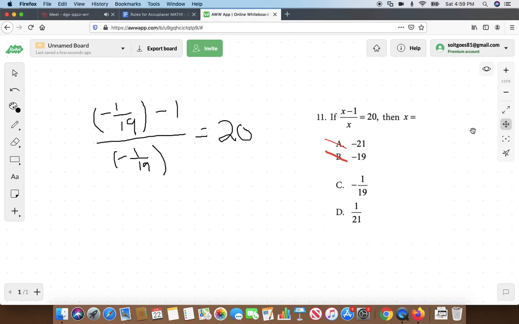Why negative? I don't know, because I'm looking at this fraction. Because there's a lot of negatives, right? Yeah. Let's do this. Is the numerator going to be positive or negative? Negative. It's going to be negative, right? The numerator is going to be negative.